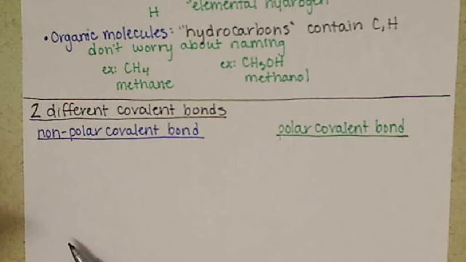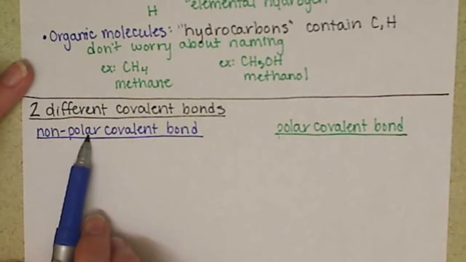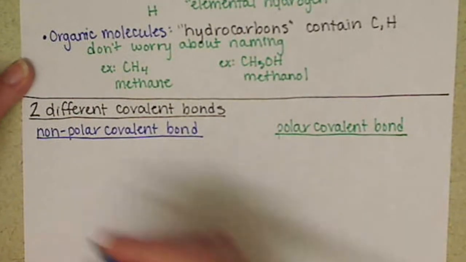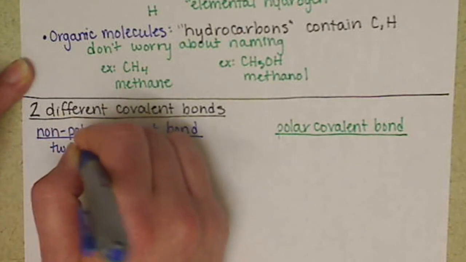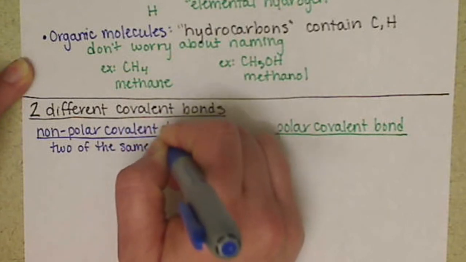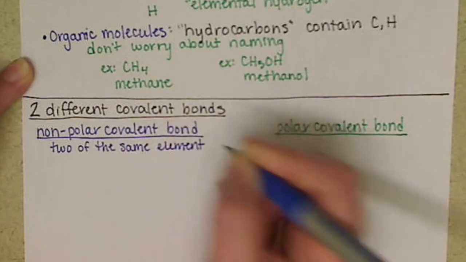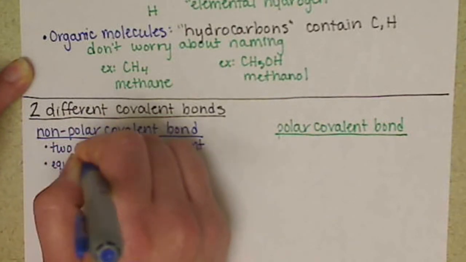So basically we're looking at how well do two atoms share the electrons in a bond. Okay? If they share equally, that's where we have a nonpolar covalent bond. Okay? And essentially what we're looking at are these are two of the same element. Therefore, what they have is equal sharing.